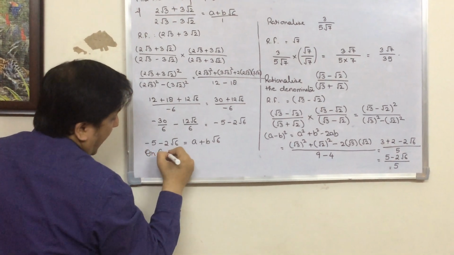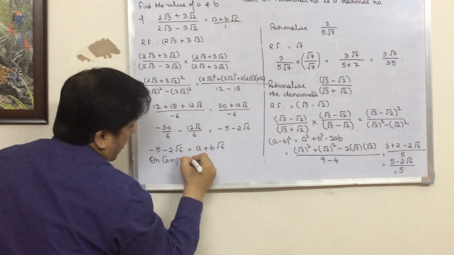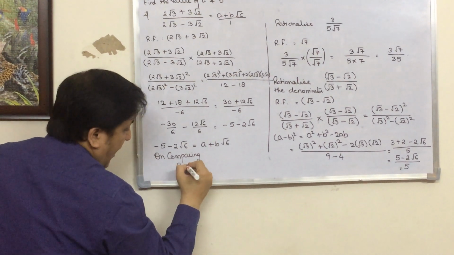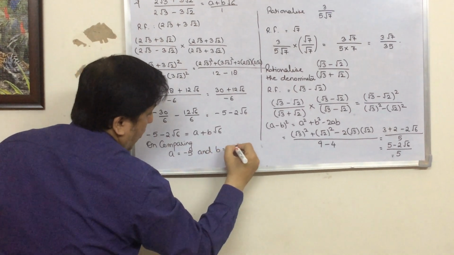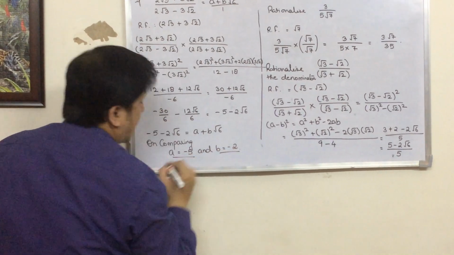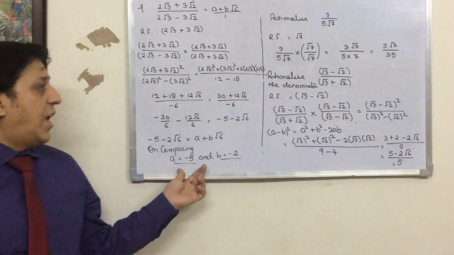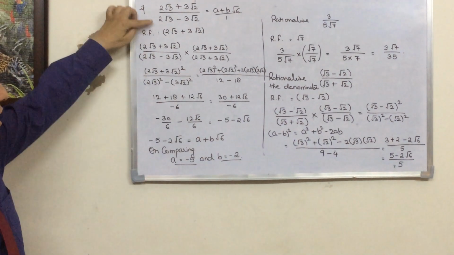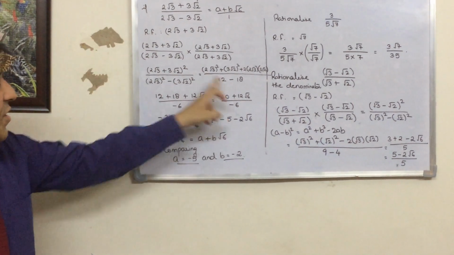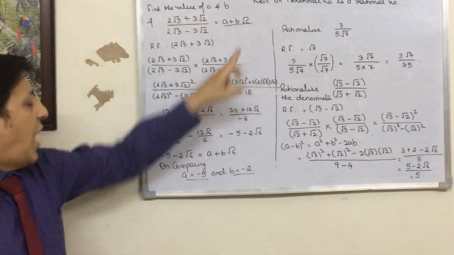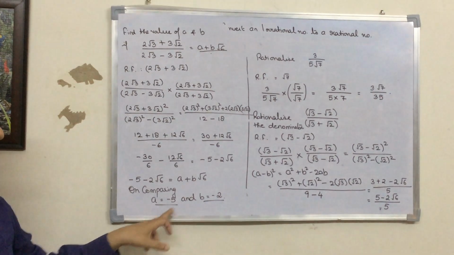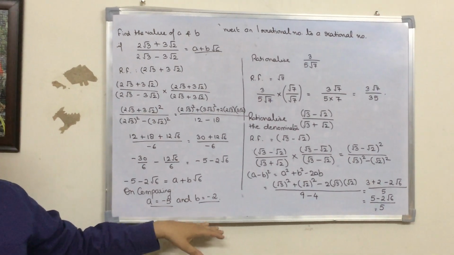On comparing, I get A equal to minus 5 and B equal to minus 2. That is how we find the values of A and B. We have rationalized the denominator, then equated it to the right hand side and compared the values to get the values of A and B.